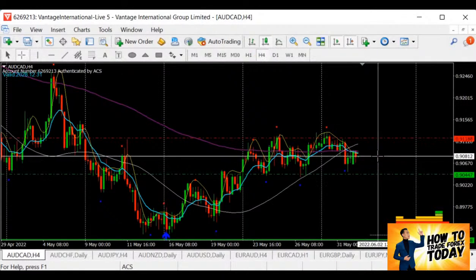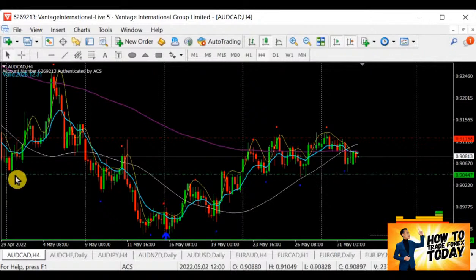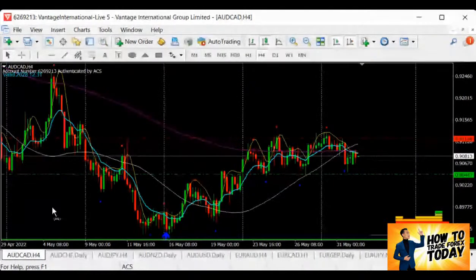Either it goes this way to test the resistance or it will come back to continue to test the support. Since either way there's no clear direction, I'm going to skip this.